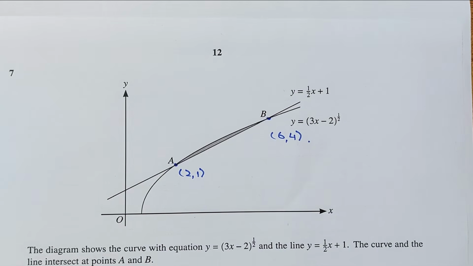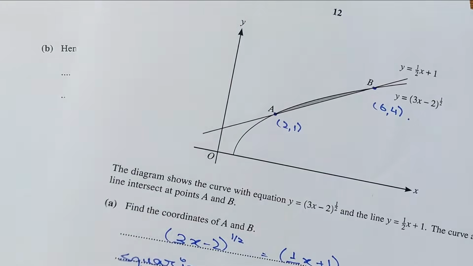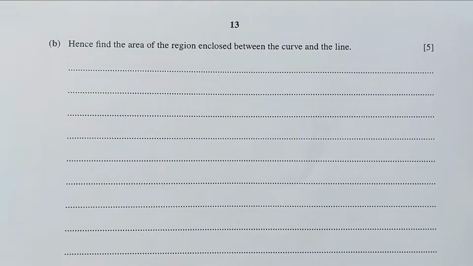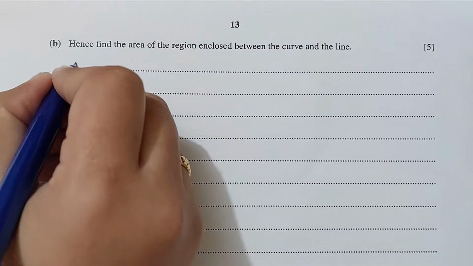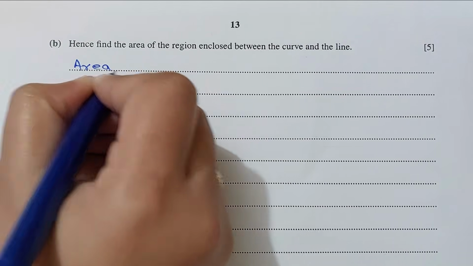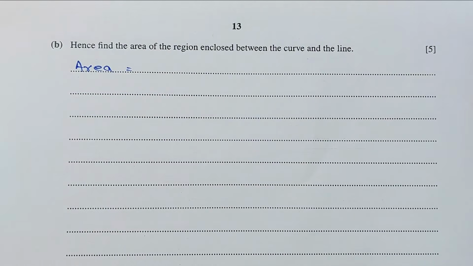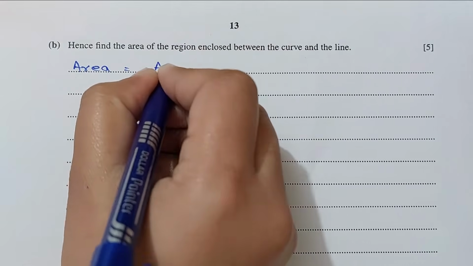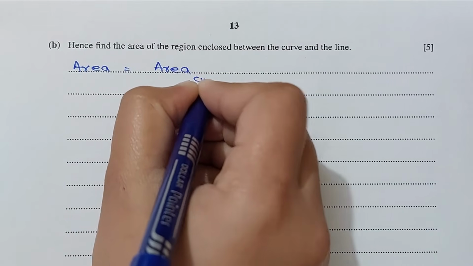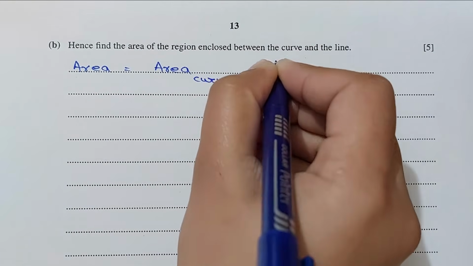The curve minus the line is the shaded area, the area between the curve and the line, right?